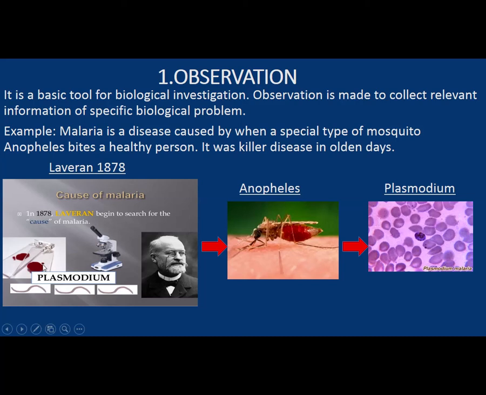Here we can see the microscope, blood samples, and this man is Laveran. This is the mosquito called Anopheles, and here is a blood sample which contains Plasmodium. Plasmodium is a parasite.